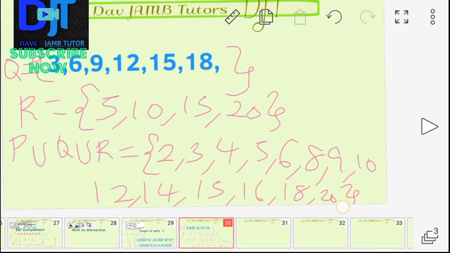So we close our curly brackets. So now, what we have here is our P union Q union R.